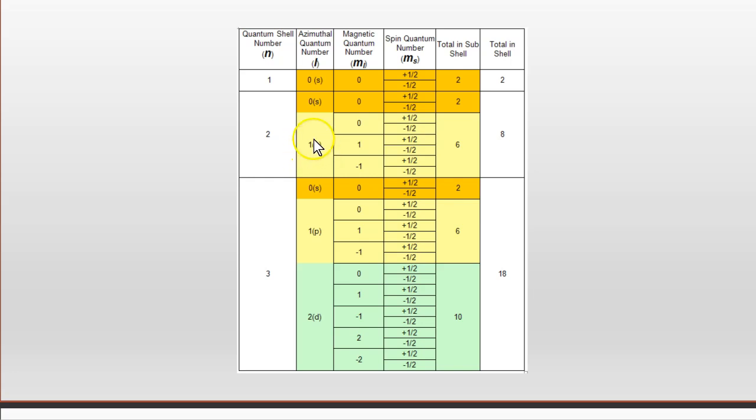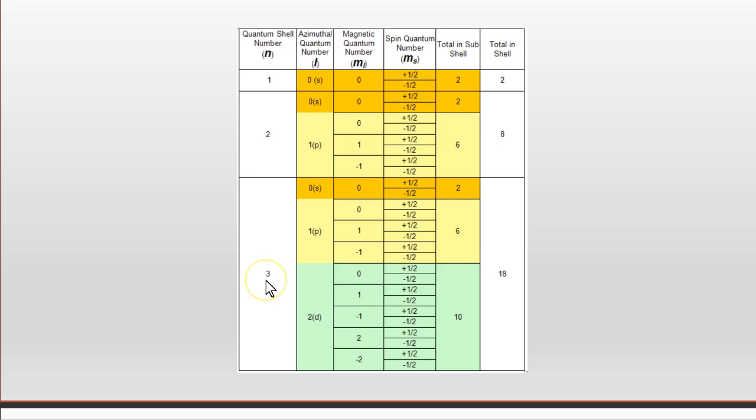When L equals 1, known as the P shell, we can have the magnetic quantum number go from -1, 0 to 1, and each of those accommodating two electrons. So we can accommodate 6 in that P subshell. This gives us a total of 8 electrons that can be accommodated in the n equals 2 shell.